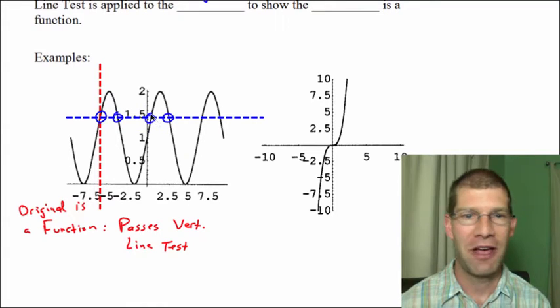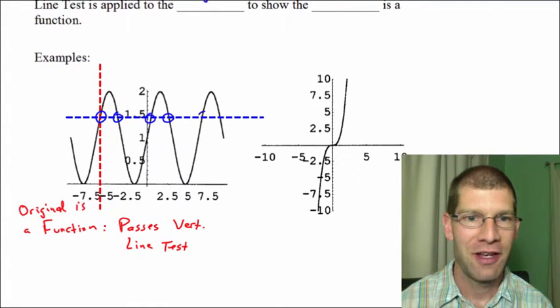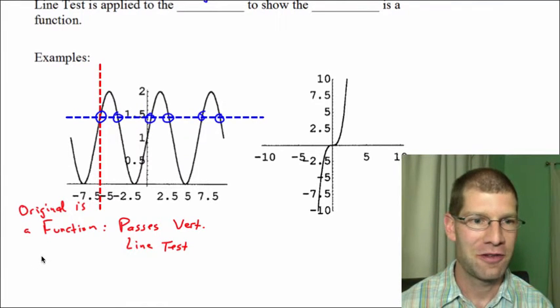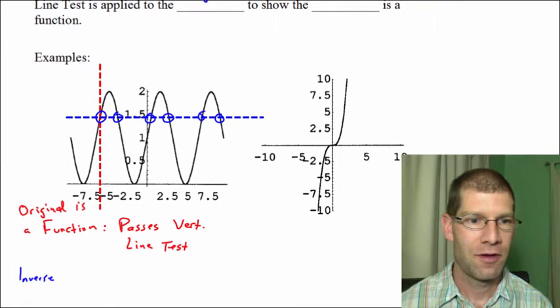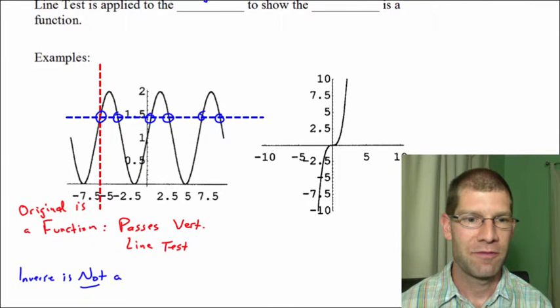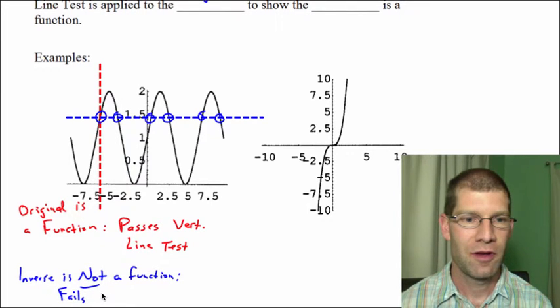So for this y value of like 1.45, there's a whole bunch of different x values. So the inverse is not a function. And that's because it fails the horizontal line test.